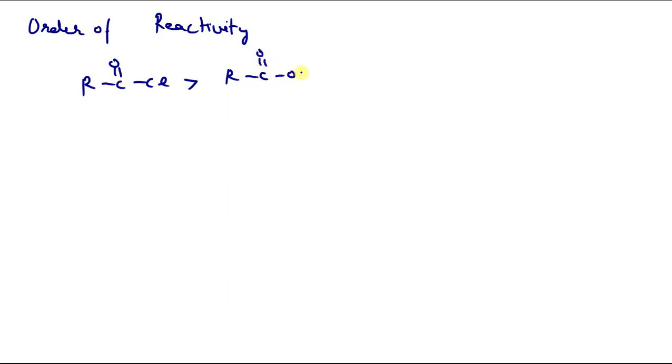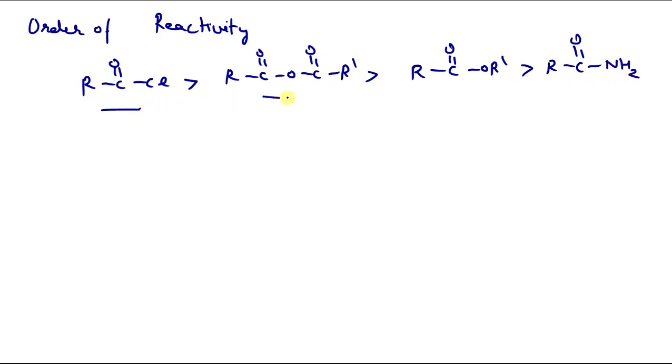So the order of reactivity is acid chloride RCOCl is greater than anhydride RCOOCOR dash, which is greater than ester, which is greater than amide. So this is the relative order of their reactivity towards nucleophilic substitution reaction.